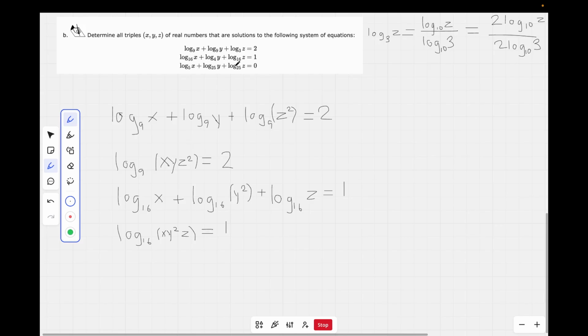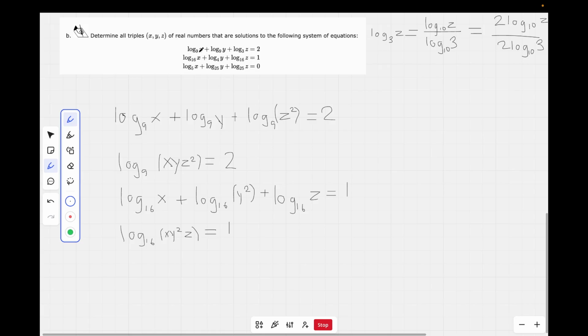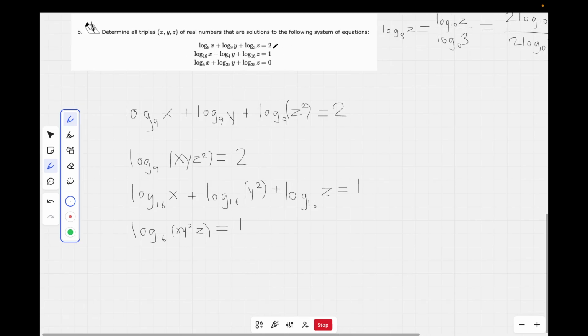And now you just use the exact same thing for the first two equations that we did. Since the method is pretty much the exact same, I'm just going to quickly write down what you should end up with.